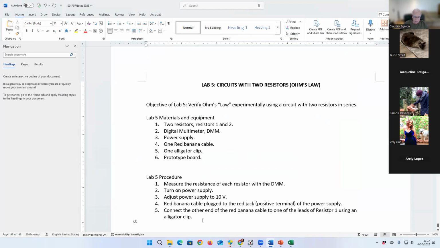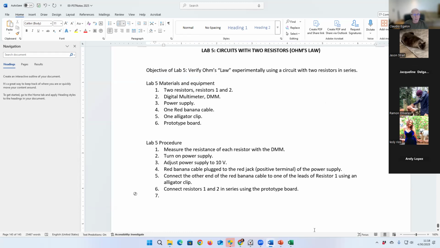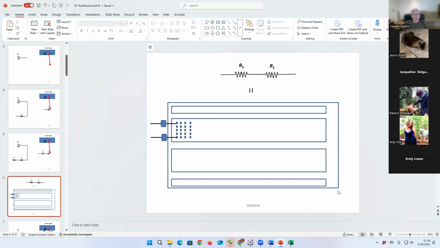Connect resistors 1 and 2 in series using the prototype board. Here you go.